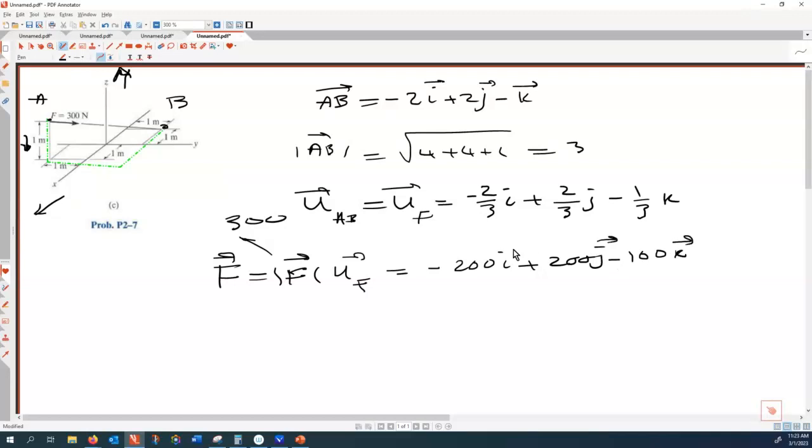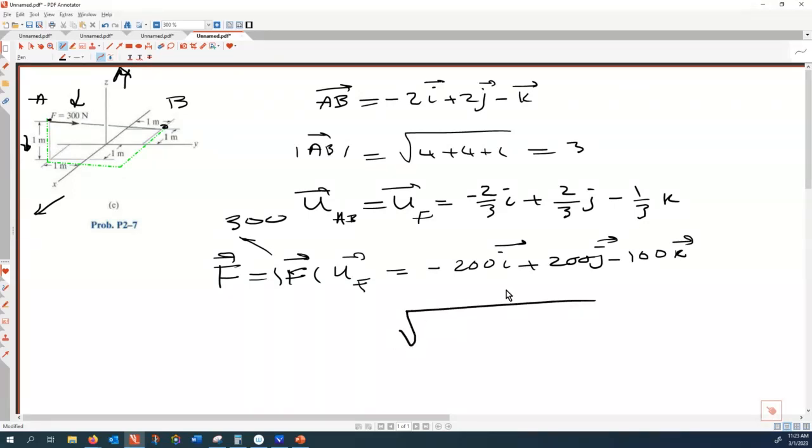So how can you test this answer? How do you test this result? How can I assure this answer is correct? Can you find the magnitude of this force? And that should be what? That should be 300, because the magnitude should be 300.